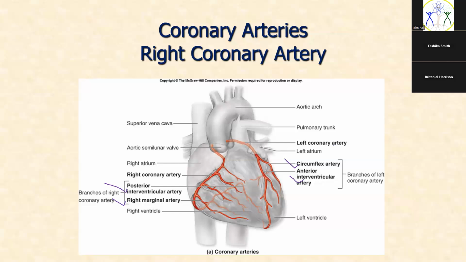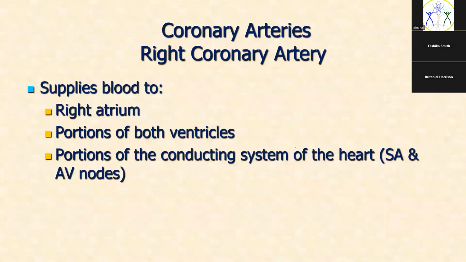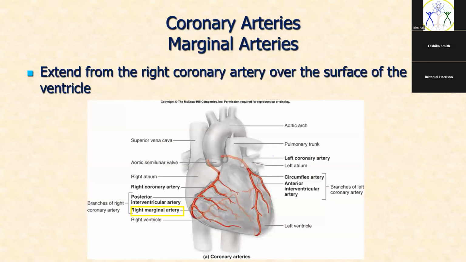Okay. Now, I know it's obvious, but let me state it clearly. The ones in bold are going to be important. So keep that in mind for me, please, right? As we go along, the ones you see here in bold are the ones you're expected to remember. So here it mentions the marginal arteries, and that they extend from the right coronary arteries over the surface of the right ventricle.